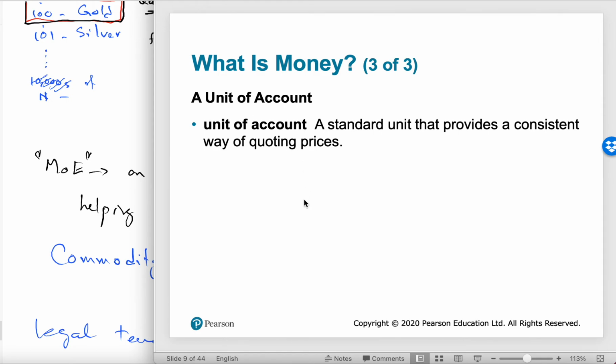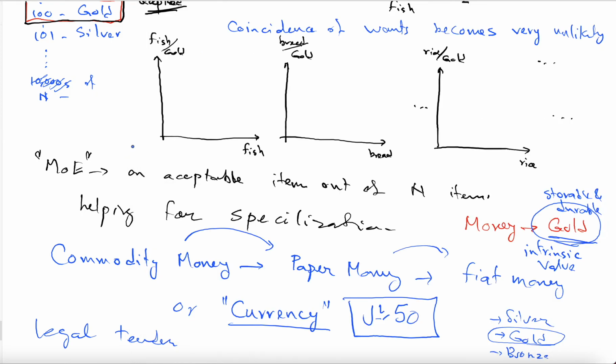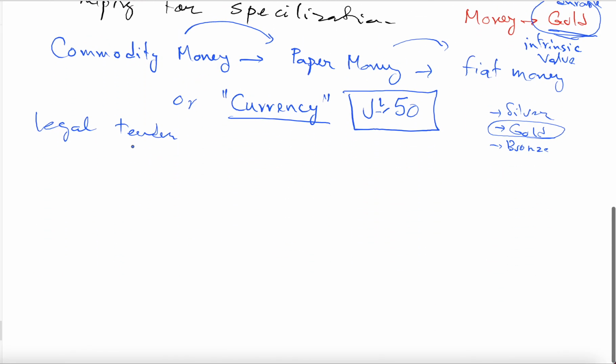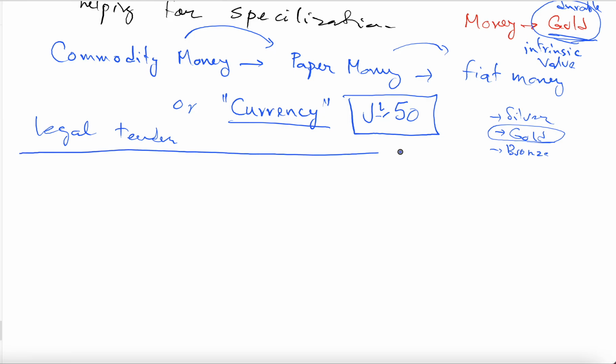So in Oman, our unit of denomination for valuation is the Omani Riyal. In the United States it is the US dollar, etc. So these 3 functions must all be together for calling an item acceptable as money.